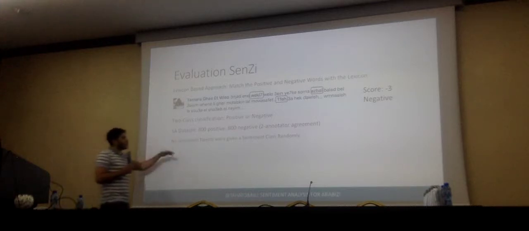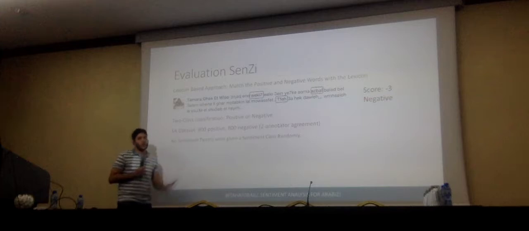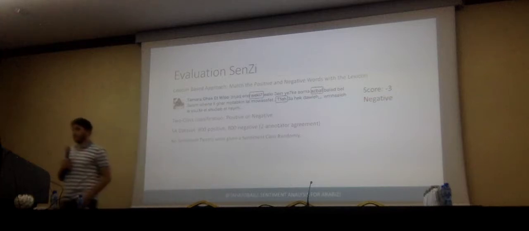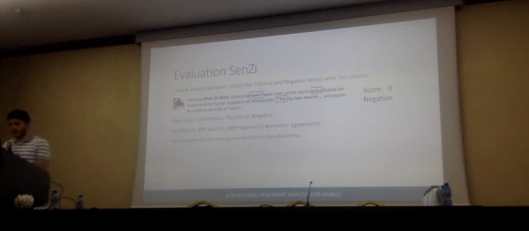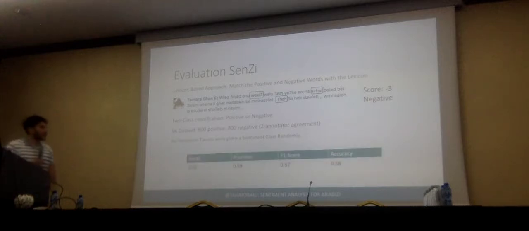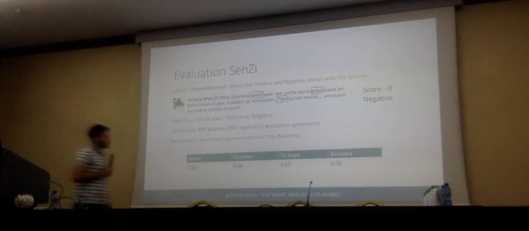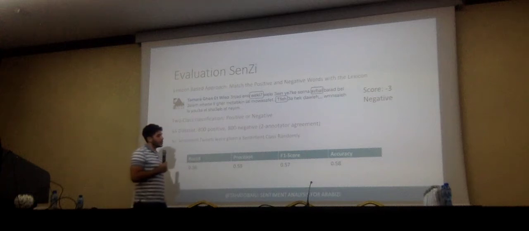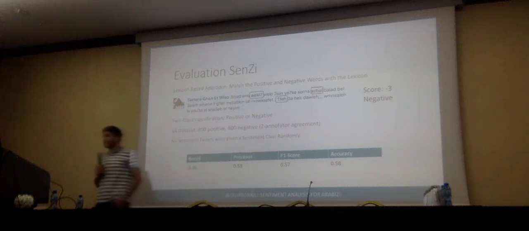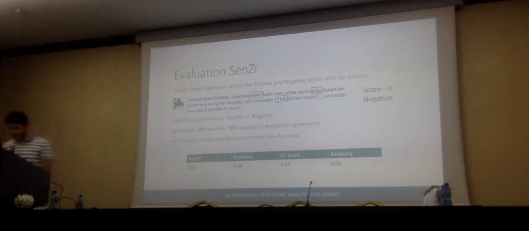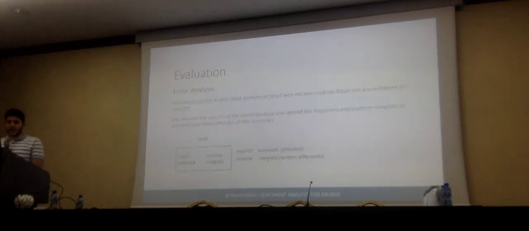The tweets that were not given a sentiment class were randomized for either positive or negative. And this is the first result. We had only 0.57 as an F1 score, which is horrible. Bad SenZi.